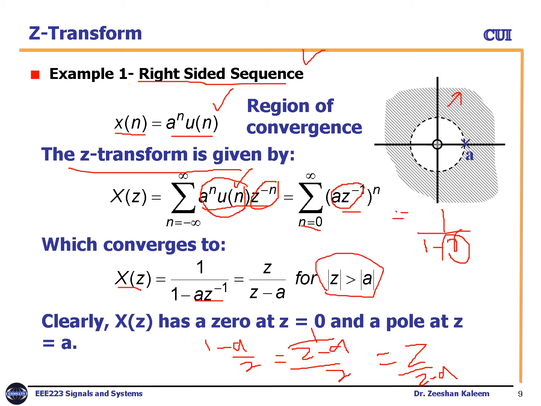Why? You can notice that for a z^{-1}, the first condition is that it should be less than 1. To fulfill this, we can write that |a|/|z| is less than 1.